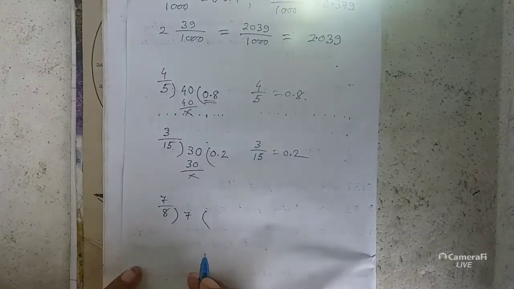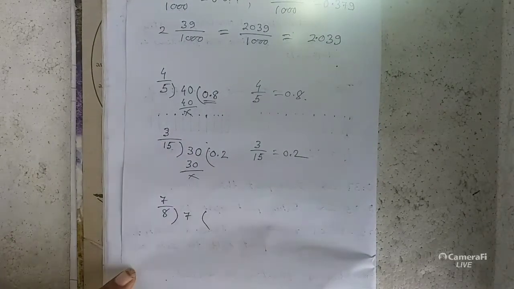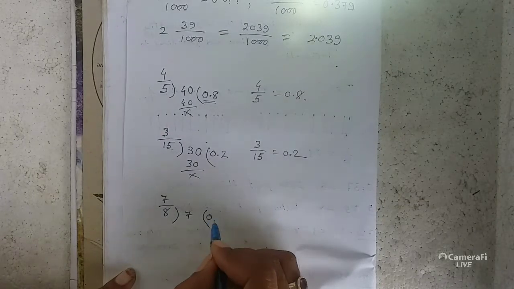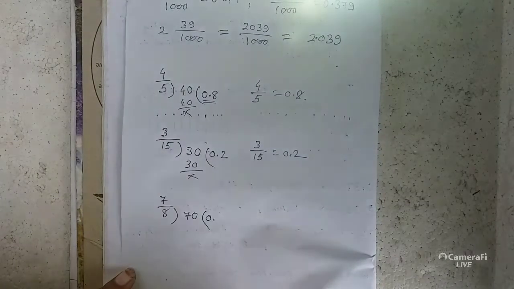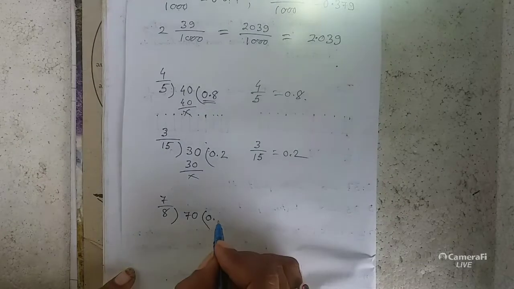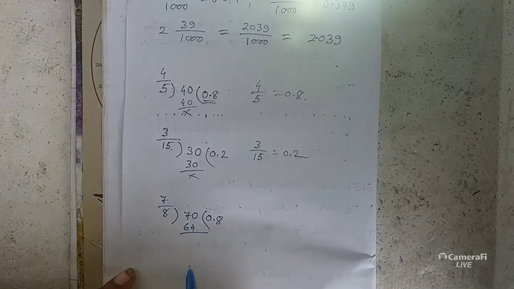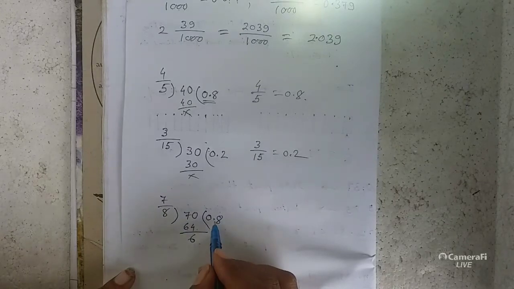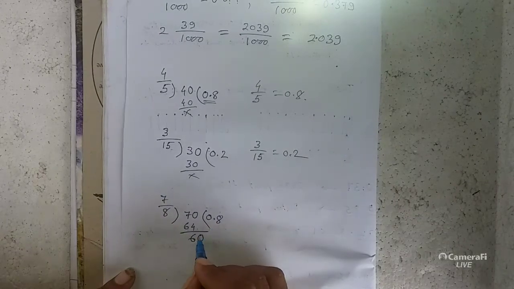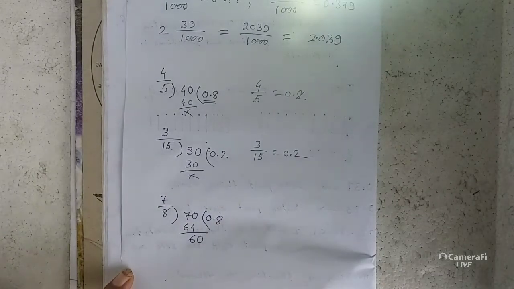So, let us divide. 7 is less than 8. Okay. So, 0 point, take a 0. Now, in the table of 8, 8 8s are 64, 8 9s are 72, so take 8 8s are 64. Subtract, we get 6. Now, for this decimal again we will get a 0, 60. Only one 0 can be taken at a time.